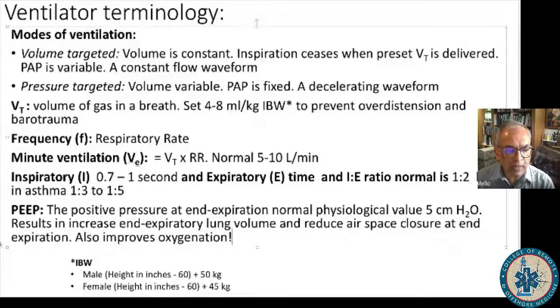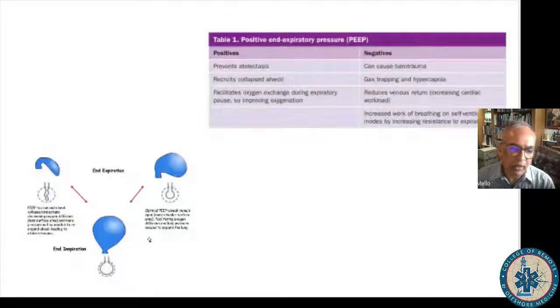So let's look at PEEP. If this is the normal lung at end of inspiration, and then in expiration, you can see the collapse to a much lower level. By applying PEEP, you recruit more alveoli, and therefore you can see the distension of the lung at expiration with a PEEP valve is more than without a PEEP valve.